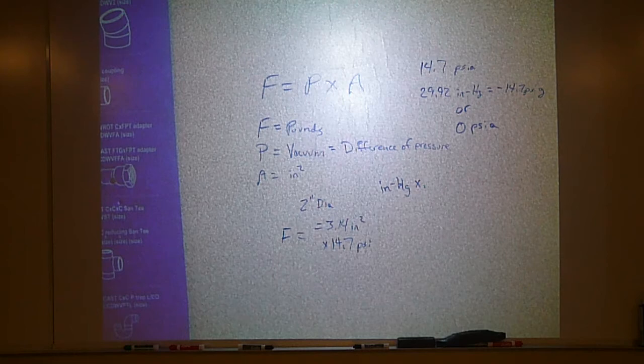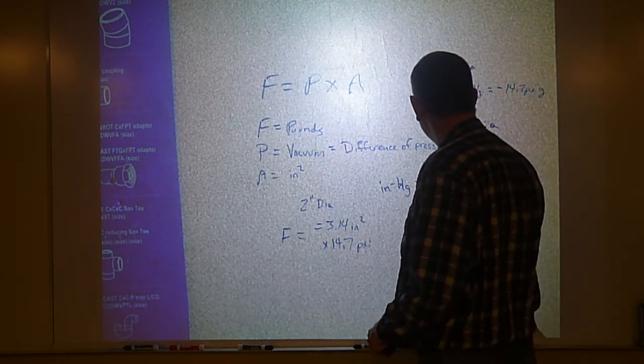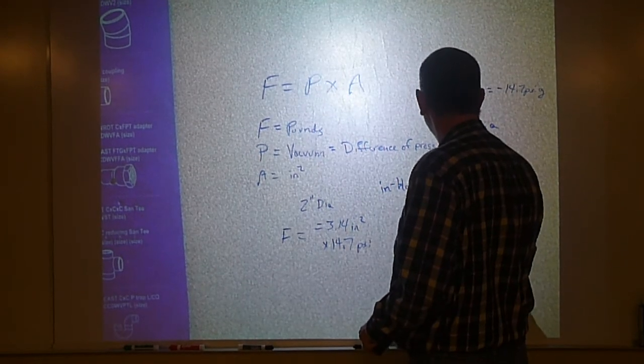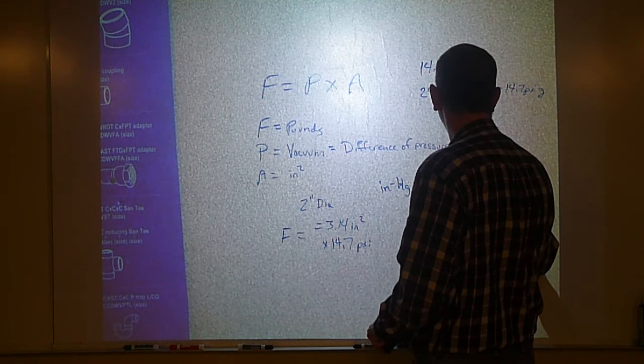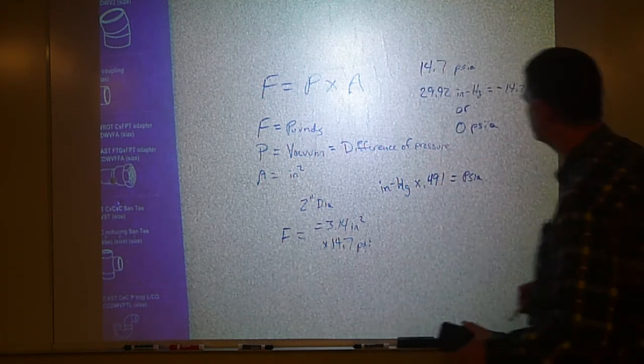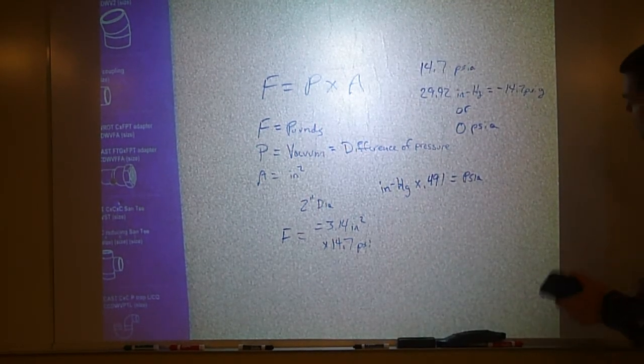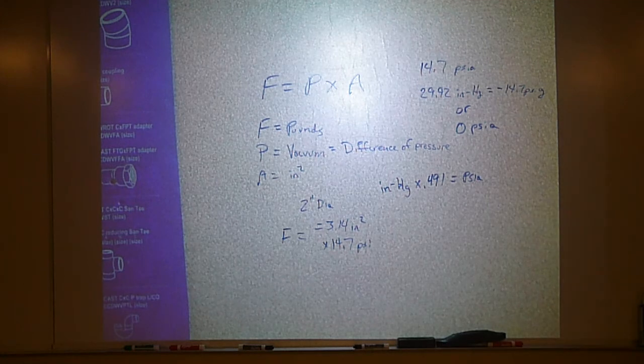Google works wonders. 0.491. So inches of mercury times 0.491 equals PSIA.